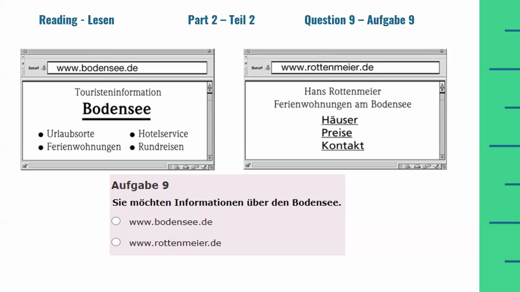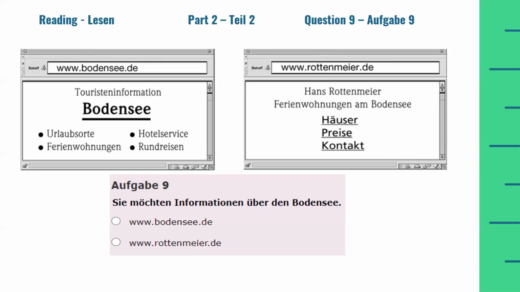On the right hand side, it says Hans Rottenmeier, Ferienwohnungen am Bodensee, Häuser, Preise, Kontakt. So the left hand side advertisement is clearly about tourist information, and you can find different types of services which are available on Bodensee.